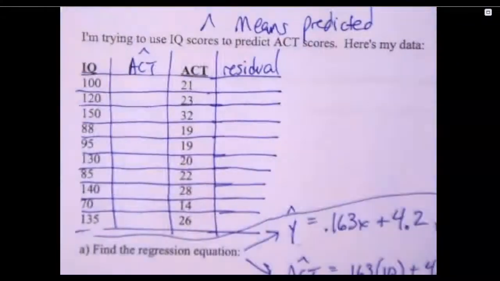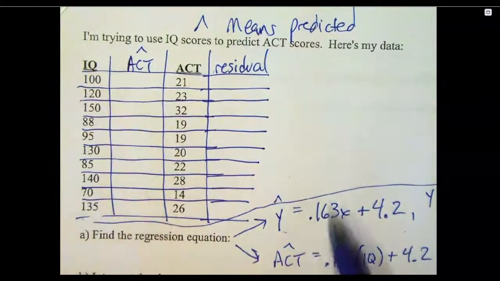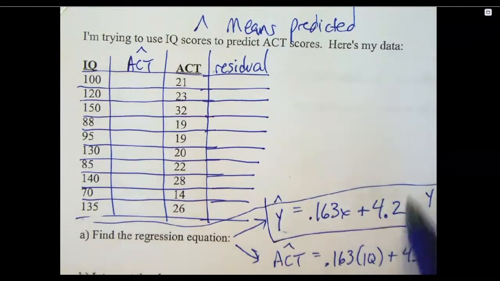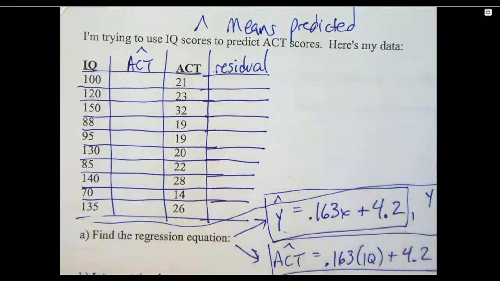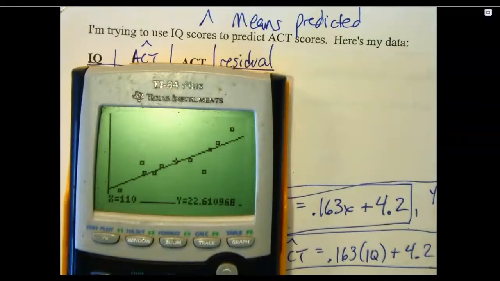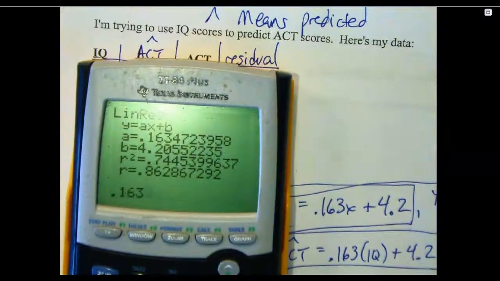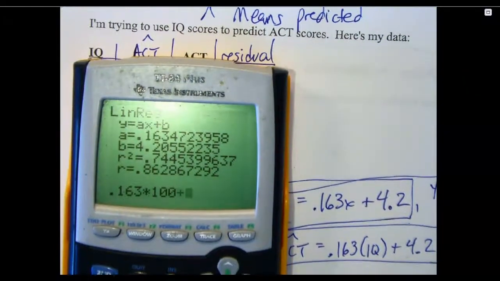All right, so we're going to find that for each one of these scores. So this equation right here, or whichever you want, is what I use to find the predicted. So if someone has 100 IQ, I'm going to go 0.163 times 100 plus 4.2.